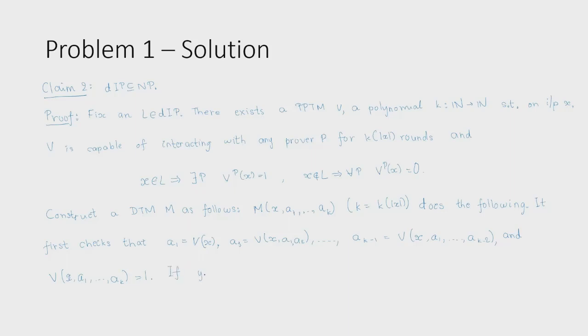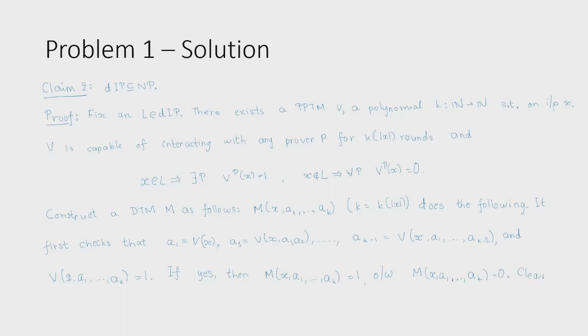If yes, then M on X, A1 to AK is equal to 1, otherwise M on X, A1 to AK is 0.